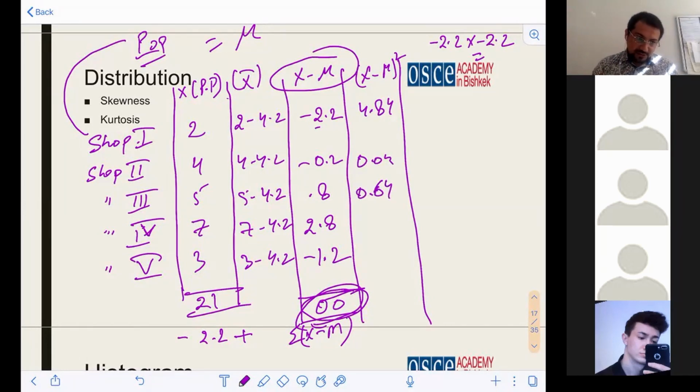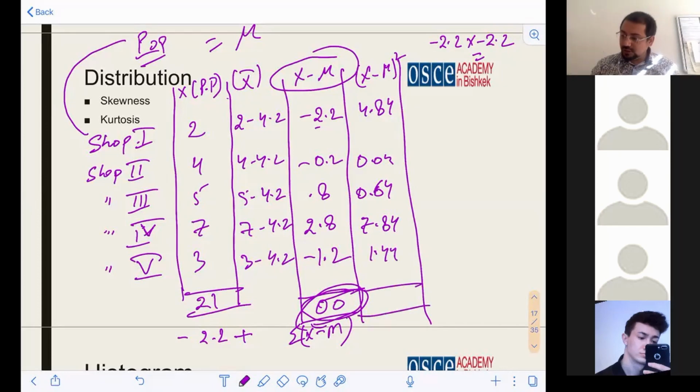7.84. Okay, and if there's a mistake, please let me know. And the next one, 1.2 squared, is 1.44. So all answers are in plus now.